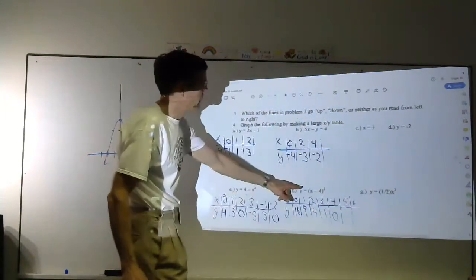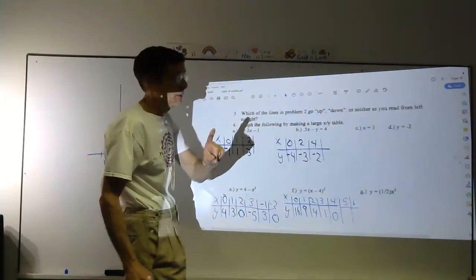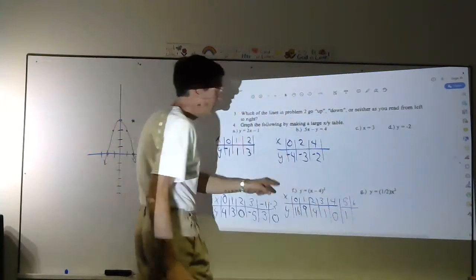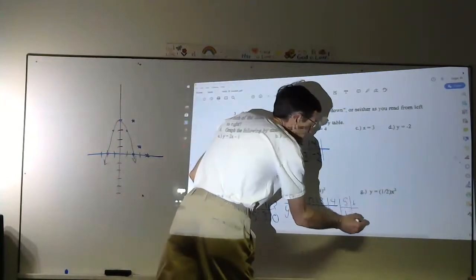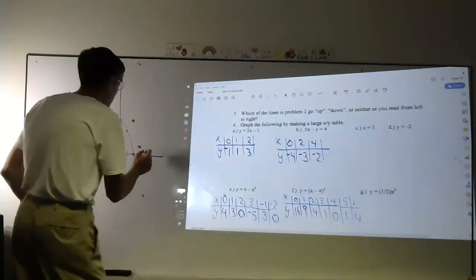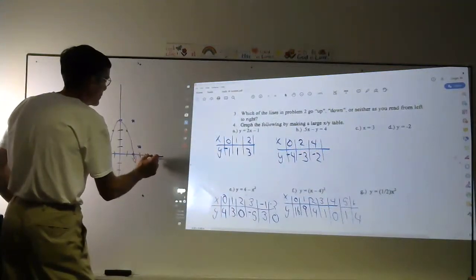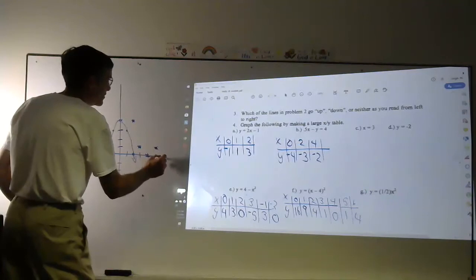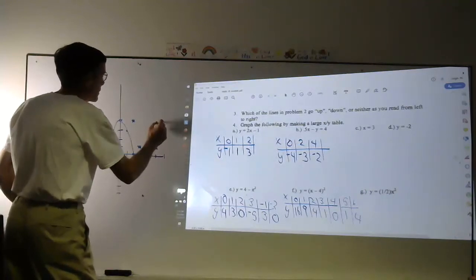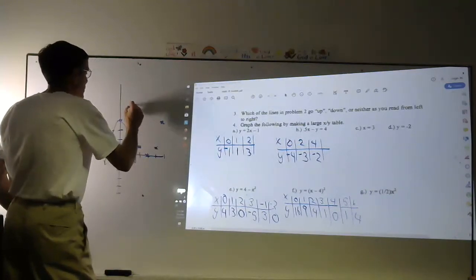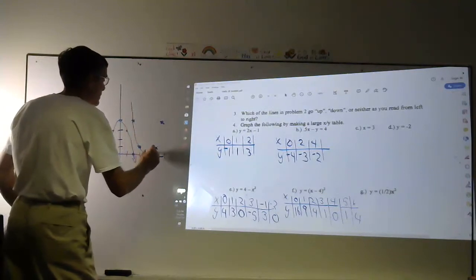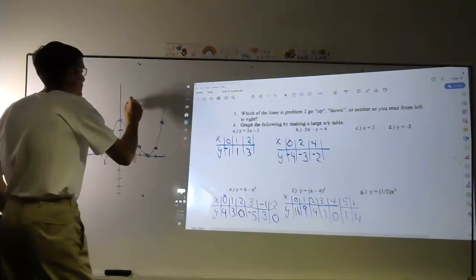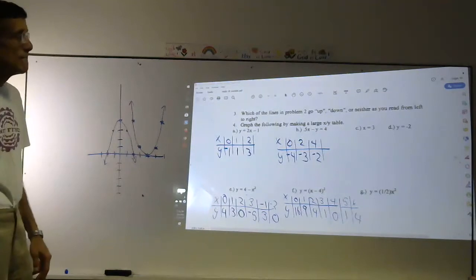When I put 5 in, 5 minus 4 is 1, squared is 1. 6 minus 4 is 2, squared is 4. So 5 goes to 1 right here, and 6 goes to 4. You can see the parabola, nice smooth curve, looks like that.